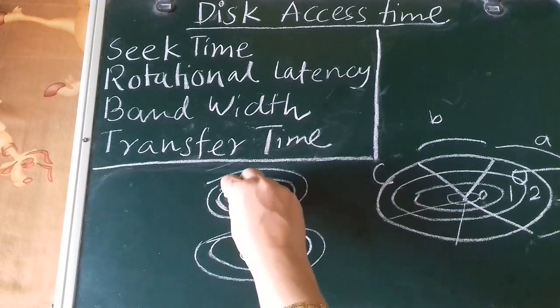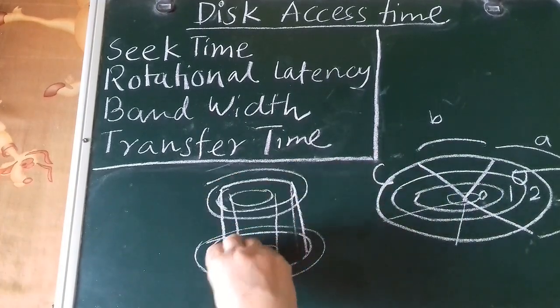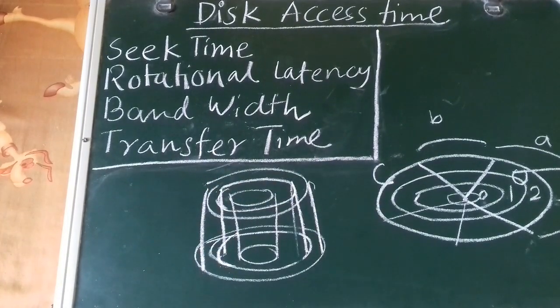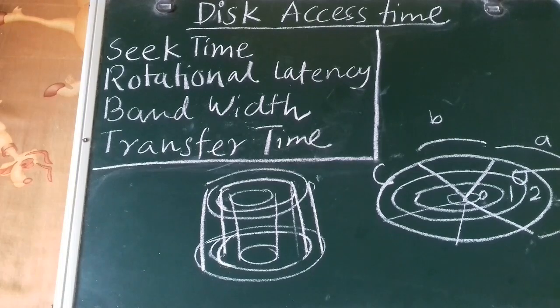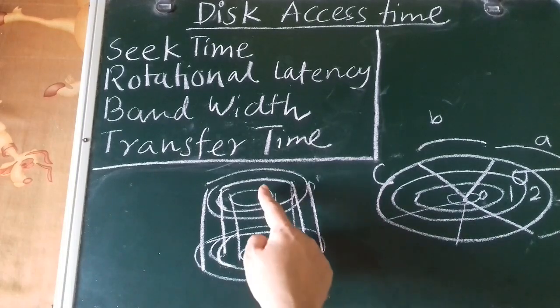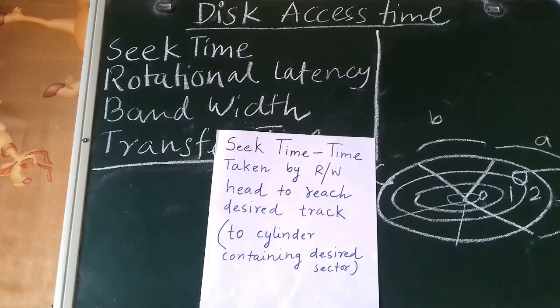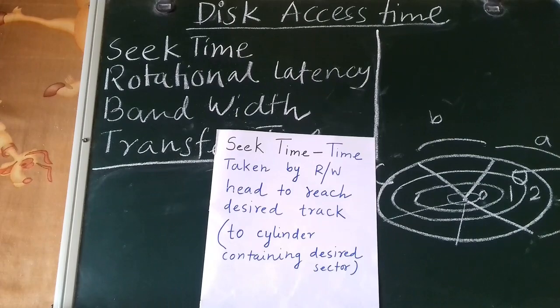If I put a tangent here, track wise, does it not look like a cylinder? This is a cylinder, this is a cylinder. So moving from one track to another track is mentioned in some books as moving from one cylinder to another cylinder. So moving from one track to another track is nothing but moving from one cylinder to another cylinder.